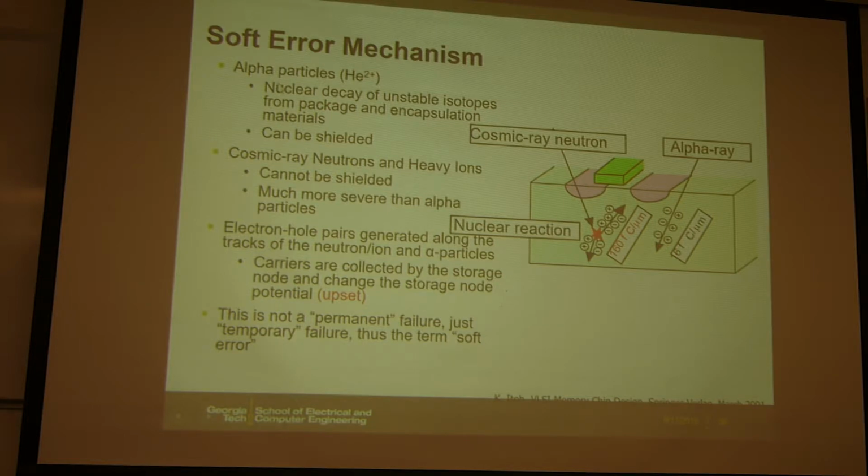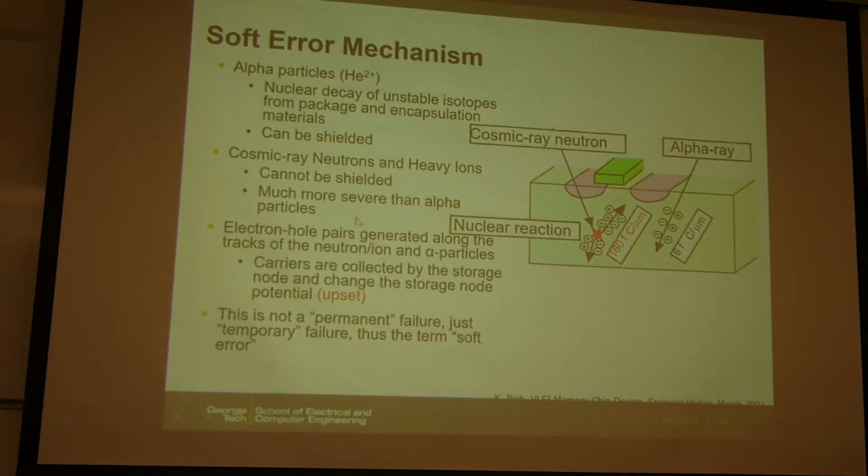The alpha particle is basically a helium ion, and those come from the isotopes. You can shield that, but the cosmic rays, like the neutrons or heavy ions from space, cannot be shielded because they have very high energy. They can go through your package and hit the silicon substrate.